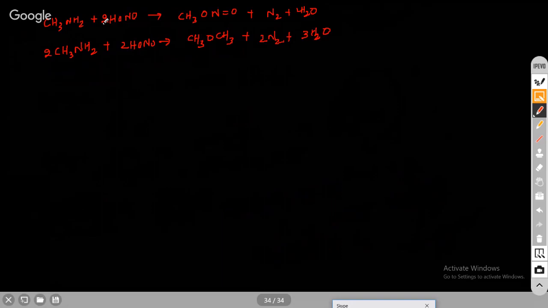That is the test of primary amines. Secondary amines form nitrosoamines, which are yellow liquid and insoluble in water. This is the test of secondary amines.